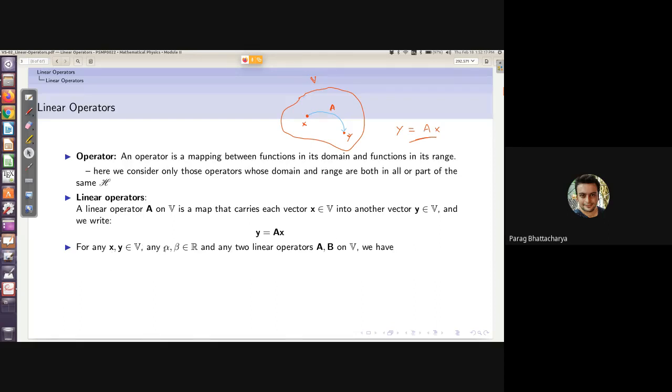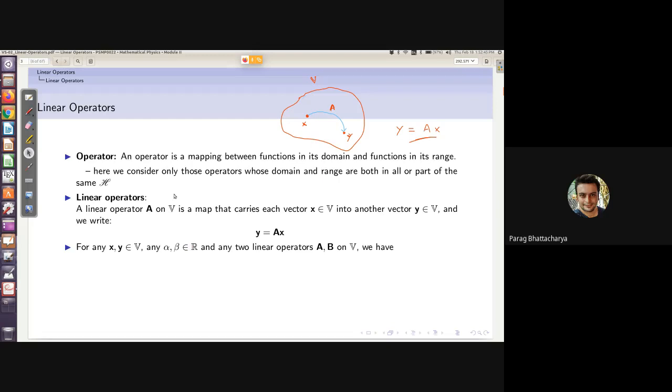Let's say I have any two vectors x and y which belong to the vector space, and alpha and beta are two real numbers. And I have, let's say, any two linear operators. Remember, operators are always defined on a vector space. So I have three things here: a couple of vectors which lie in the vector space, a couple of real numbers, and a couple of linear operators defined on the same vector space.